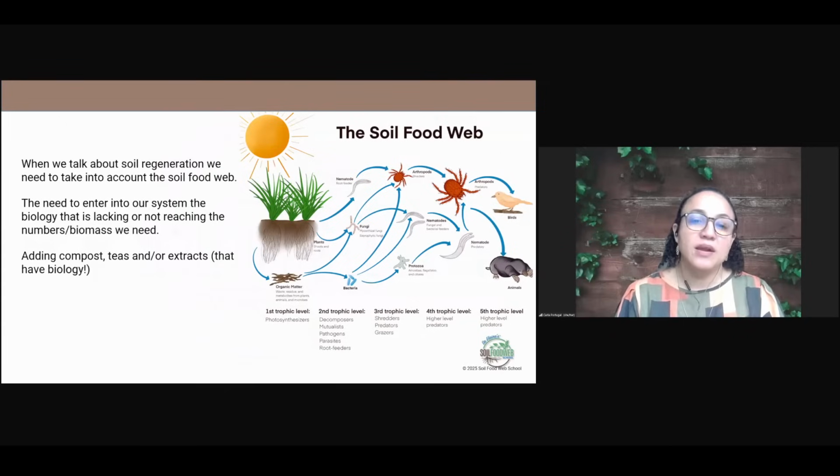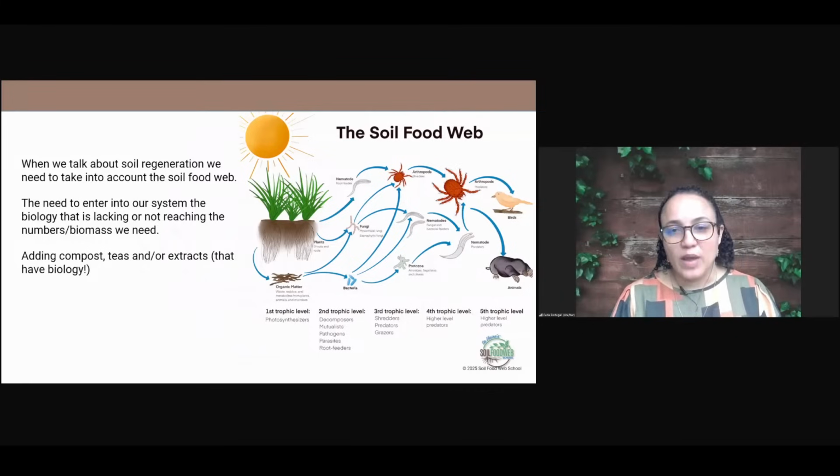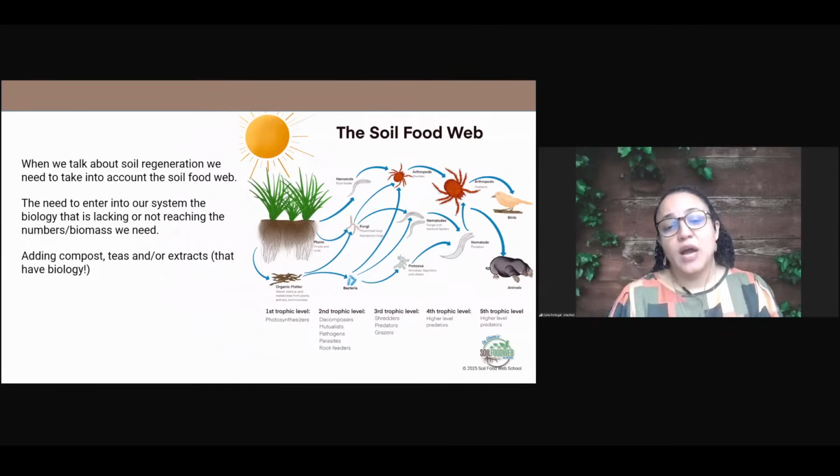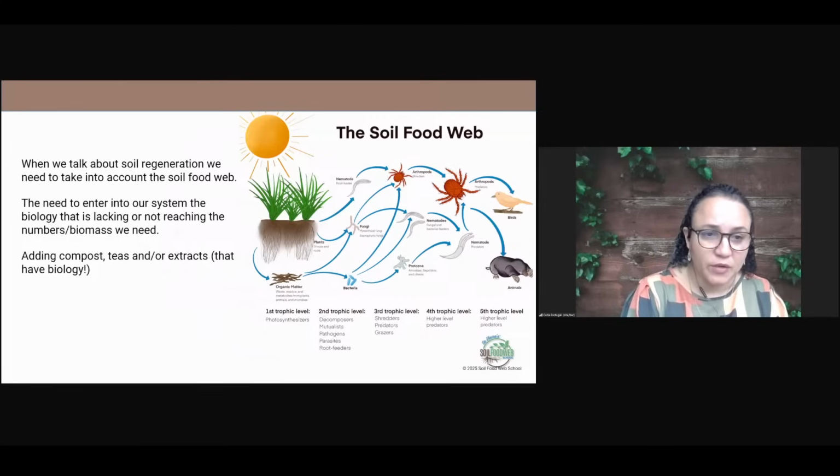And what we do here at the school is help us rethink how we connect all the knowledge we have and interconnect all those pieces. So having the biology, or the soil food web, as the main character is how we are able to connect with the physical portion and the chemistry portion, and better understand how all these players build the beautiful soil structure we want for our healthy plants in the soil.